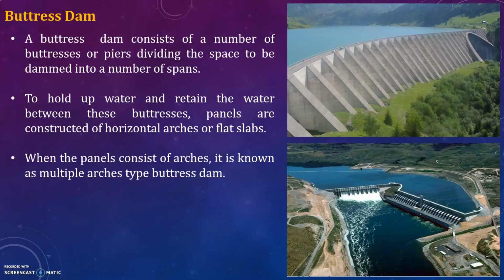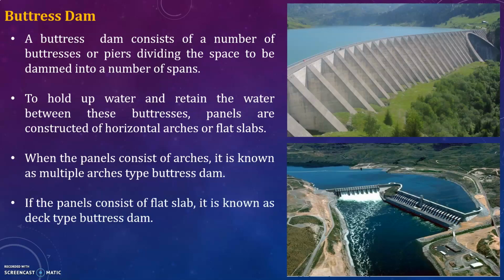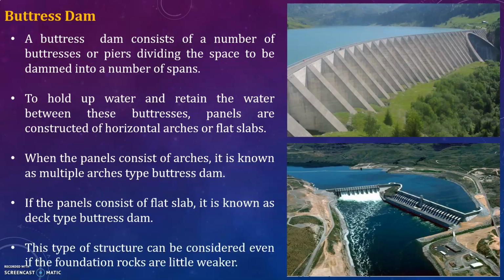When the panels consist of arches, it is known as multiple arches type buttress dam. If the panels consist of flat slab, it is known as deck type buttress dam. This type of structure can be considered even if the foundation rocks are a little weaker.